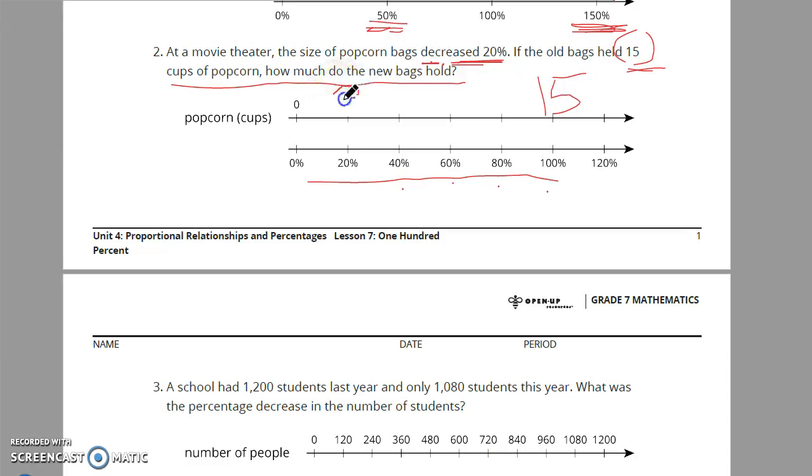That is 3. So 3 is 20%. 40% would be 6. Then it would be 9 and 12. So if we wanted to add 20%, and we know that 3 is 20%, we would just add 3, which is 18.